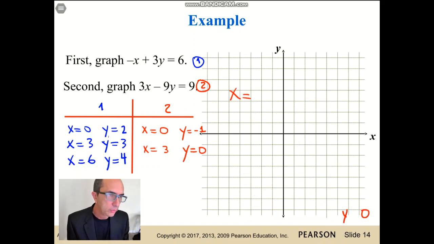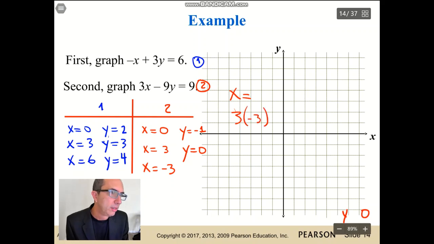Let's say x equals negative 3. So 3x: 3 times negative 3 minus 9y equals 9. 3 times negative 3 is negative 9, minus 9y equals 9. Add 9 on both sides.